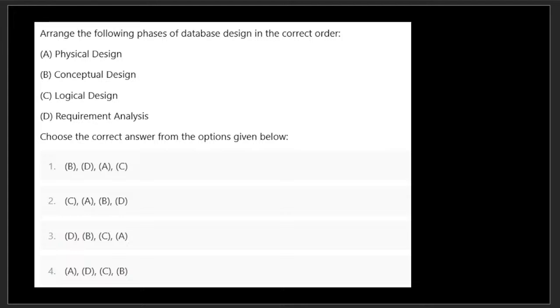Can you all solve this question and answer? We have to arrange this in the correct order. So which will be the correct order? Is it option 1, option 2, option 3 or option 4?